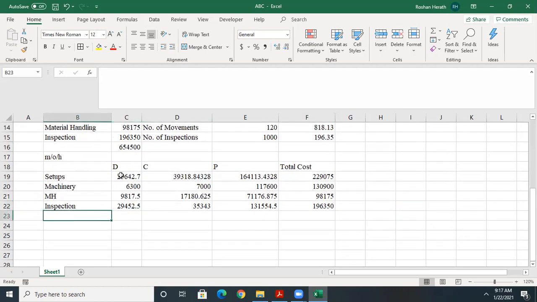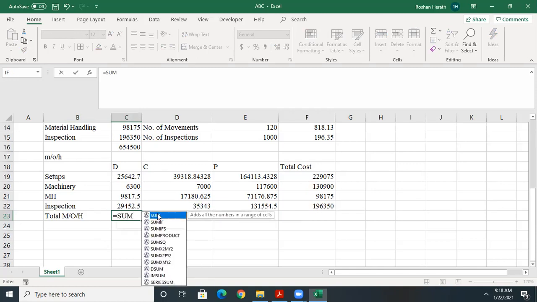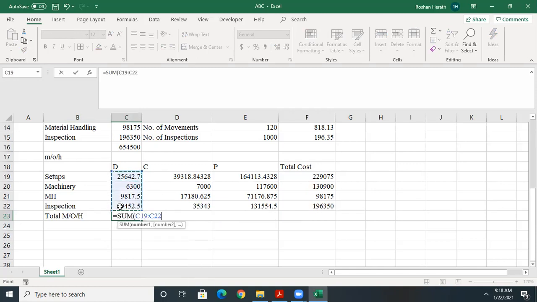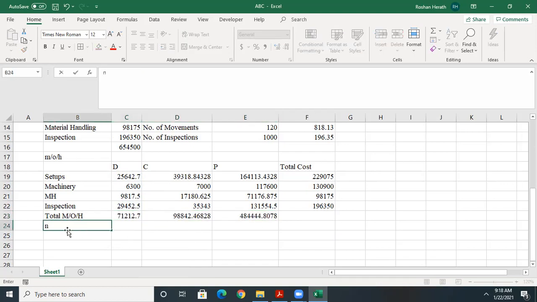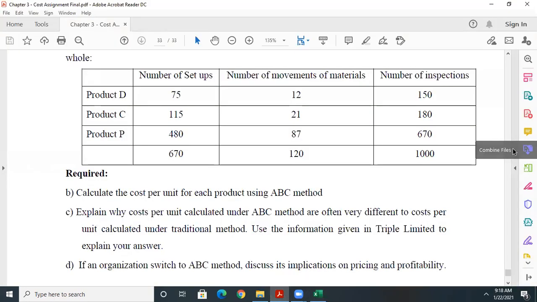And here, most importantly, you need to take the total manufacturing overhead. You need to take that for each of the products. So this is it. Then if you divide it by the number of units, you may be able to come up with the per unit manufacturing overhead.